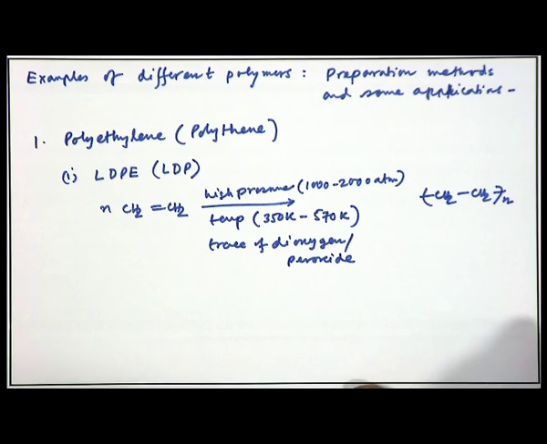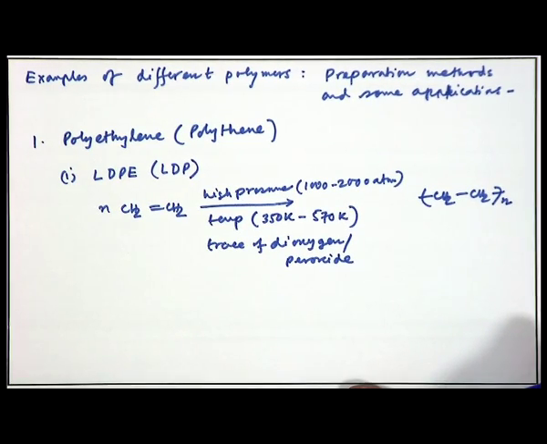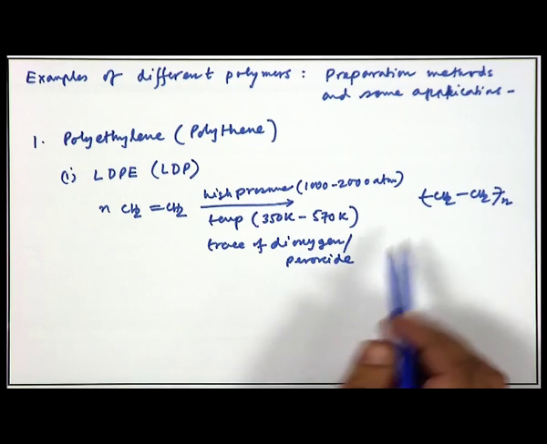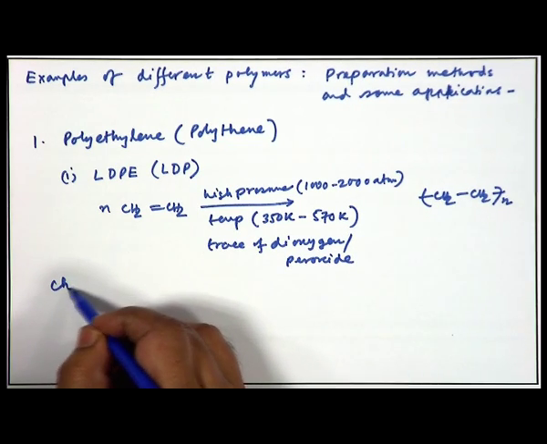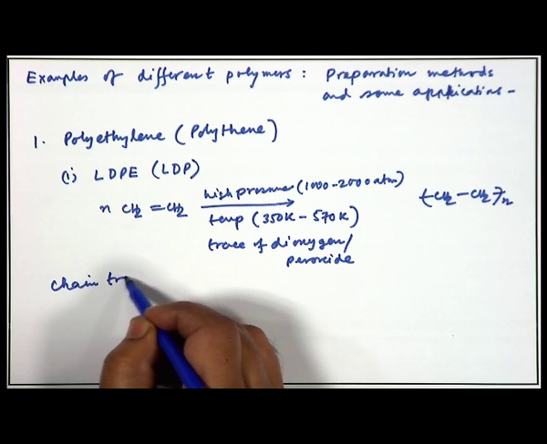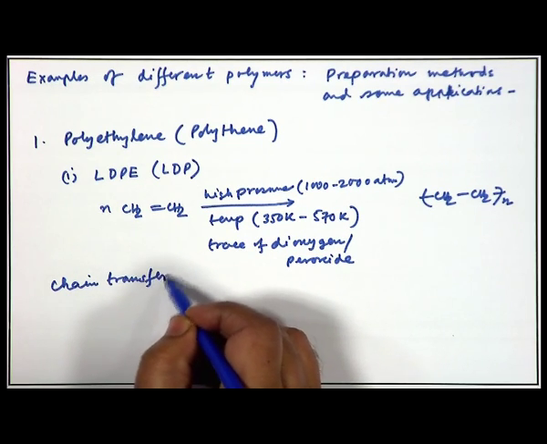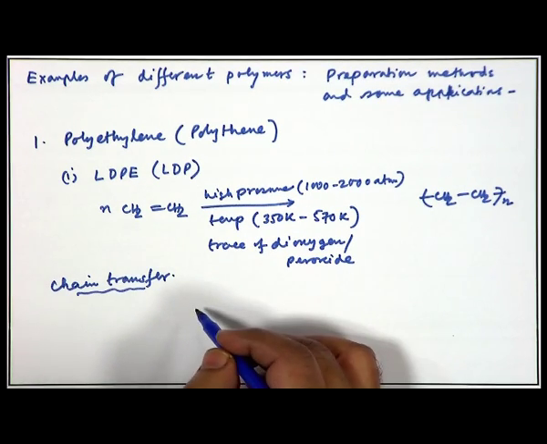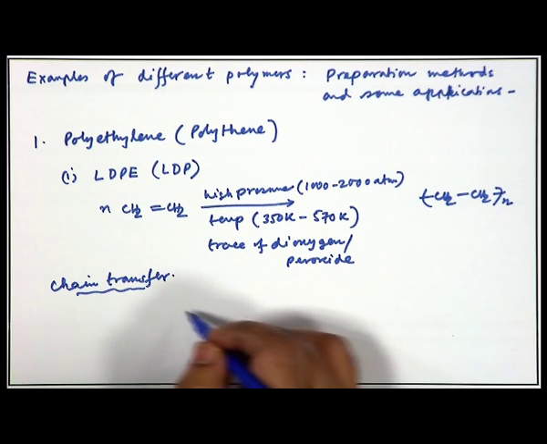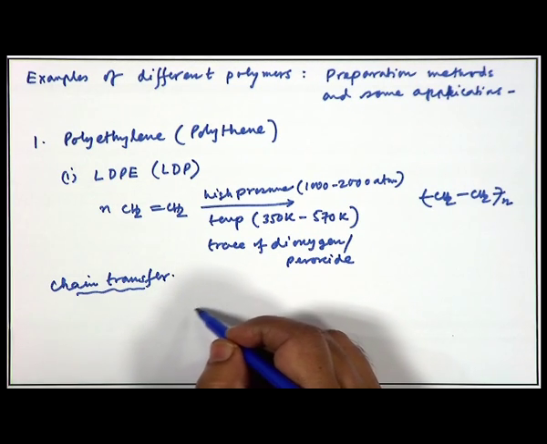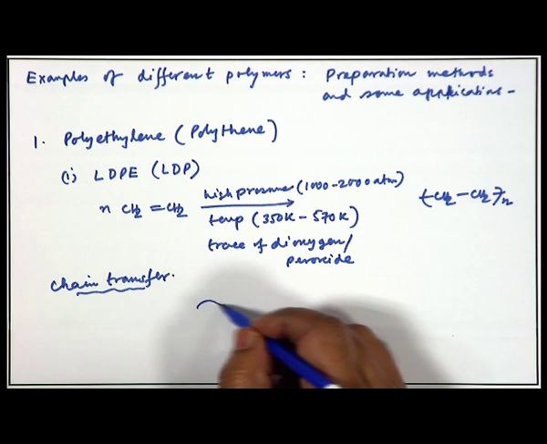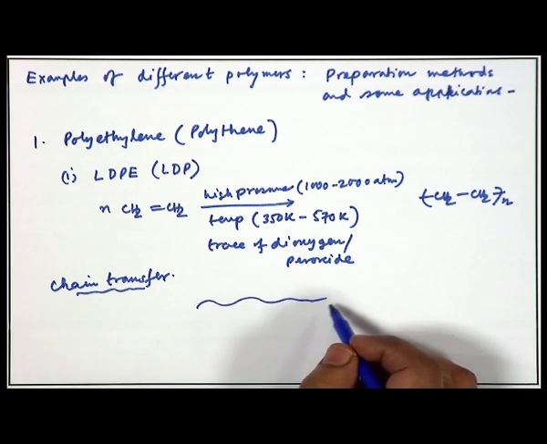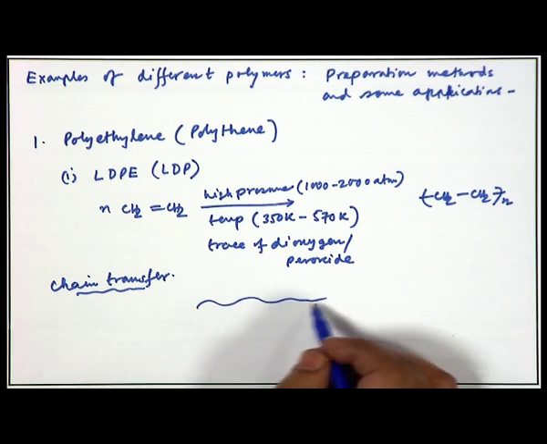Now, because it is a radical polymerization, one thing that happens in radical polymerization is called chain transfer. Chain transfer is like, during the polymerization you probably have one chain already formed, where no radical is active.